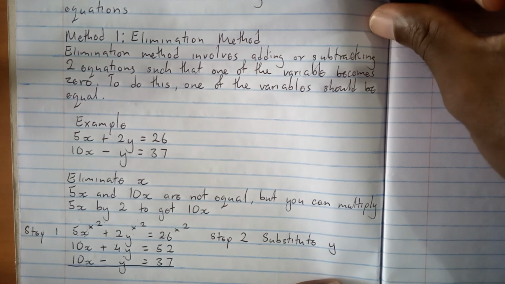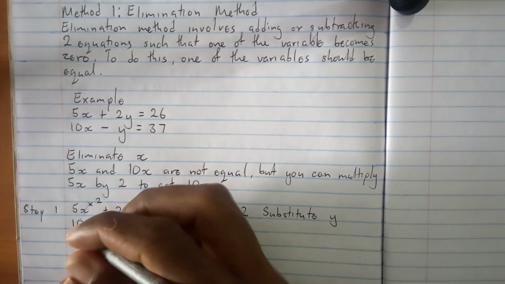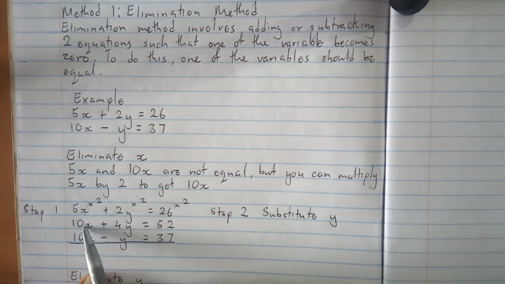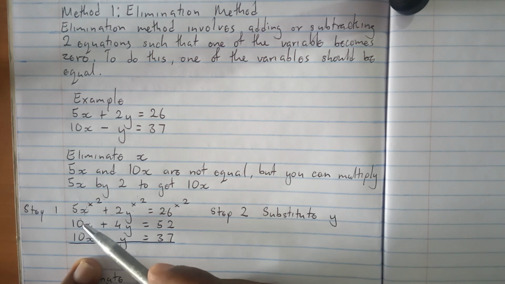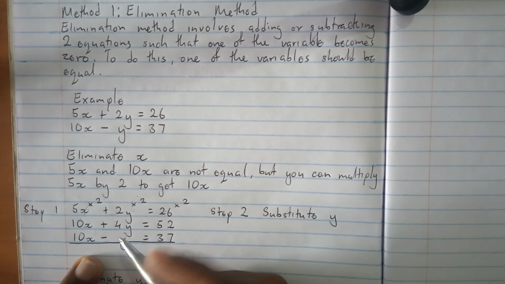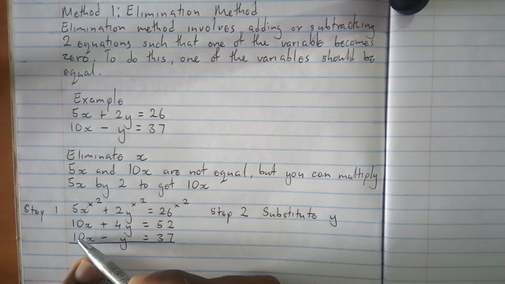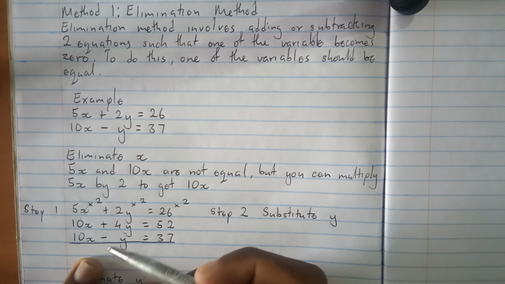Then we decide if we're going to add or subtract. Clearly we can see that 10x and 10x are now equal to each other. What can we do to 10 and 10 so that we get 0? This is positive and this is positive, so 10 minus 10 will give us 0.